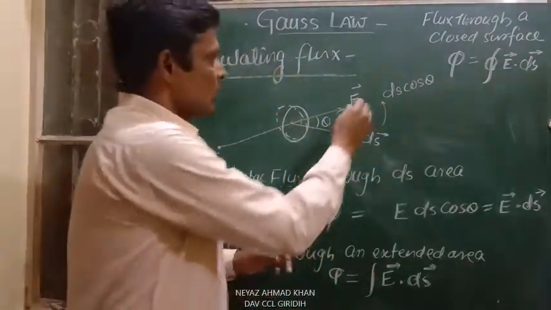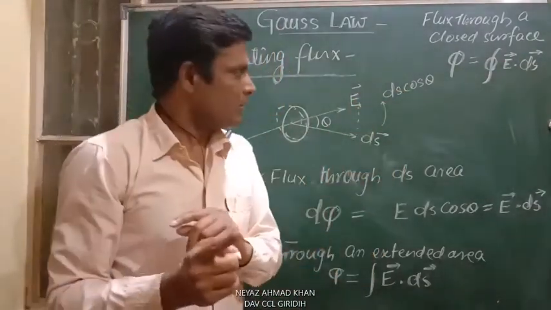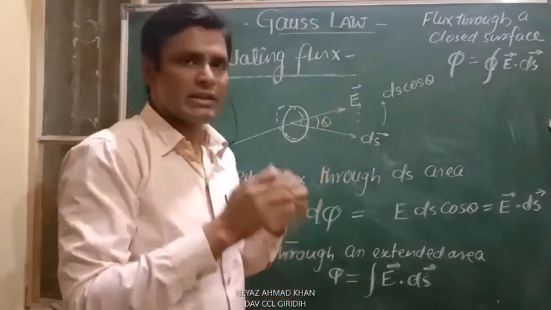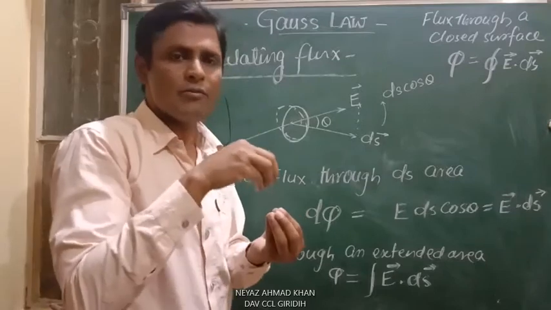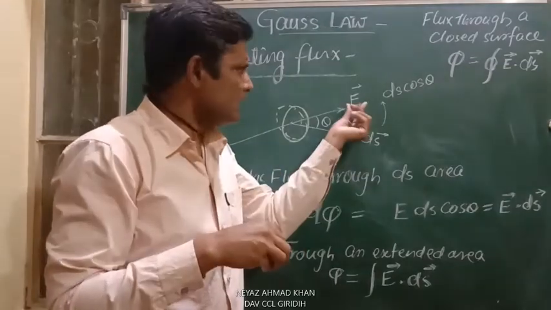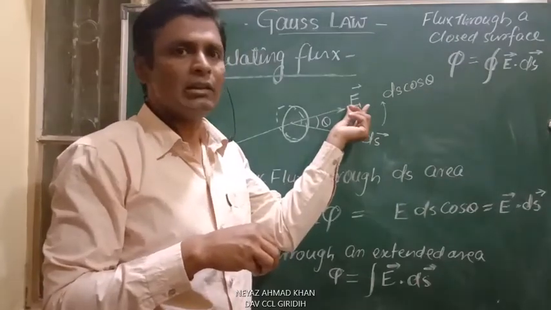Number two, what is E? In earlier videos we have discussed that electric field intensity at a point is the number of electric field lines passing through a unit area. That is, it is the density of the lines at that point.